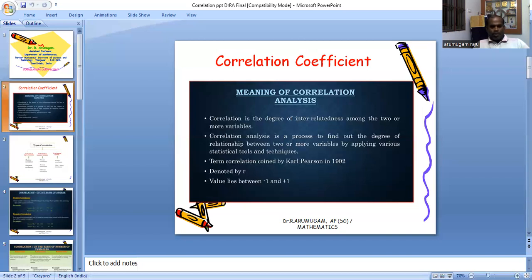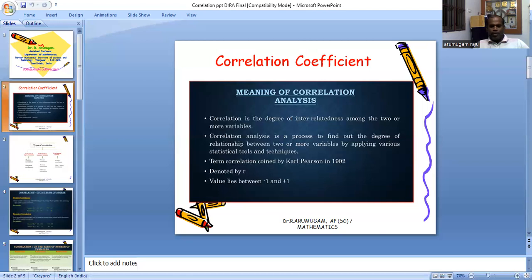So positive means if one variable is increasing, with its impact on average, the other variable is also increasing. That means both are in the same direction. The positive correlation means both variables are in the same direction, either increasing or decreasing, right?